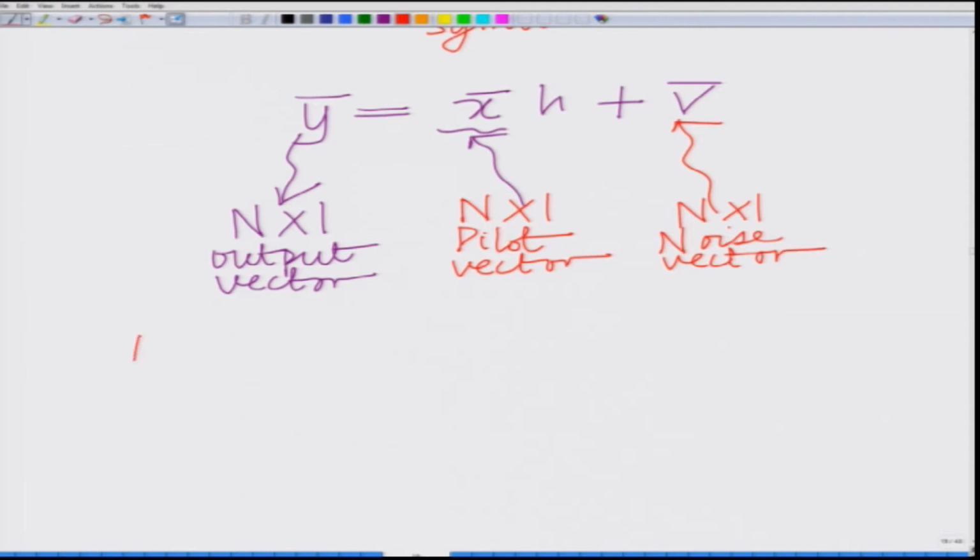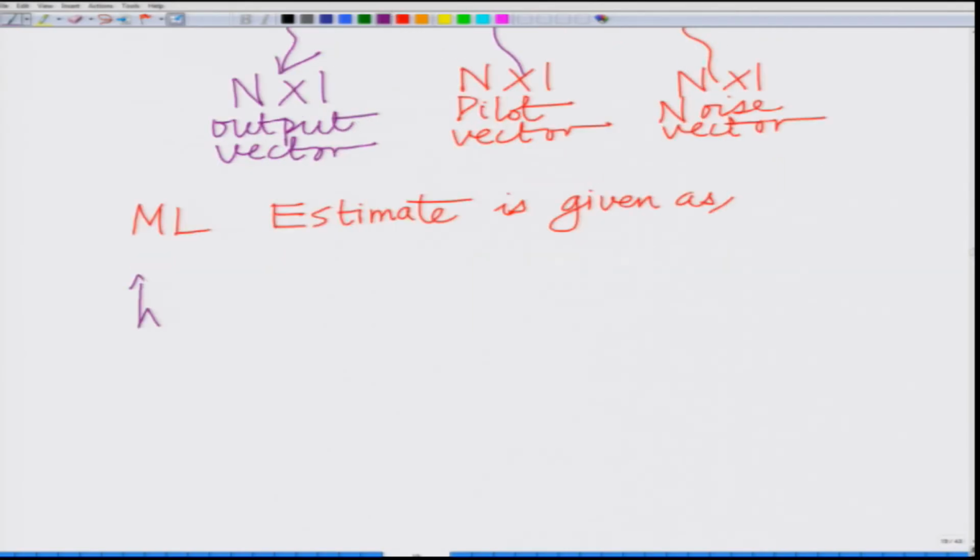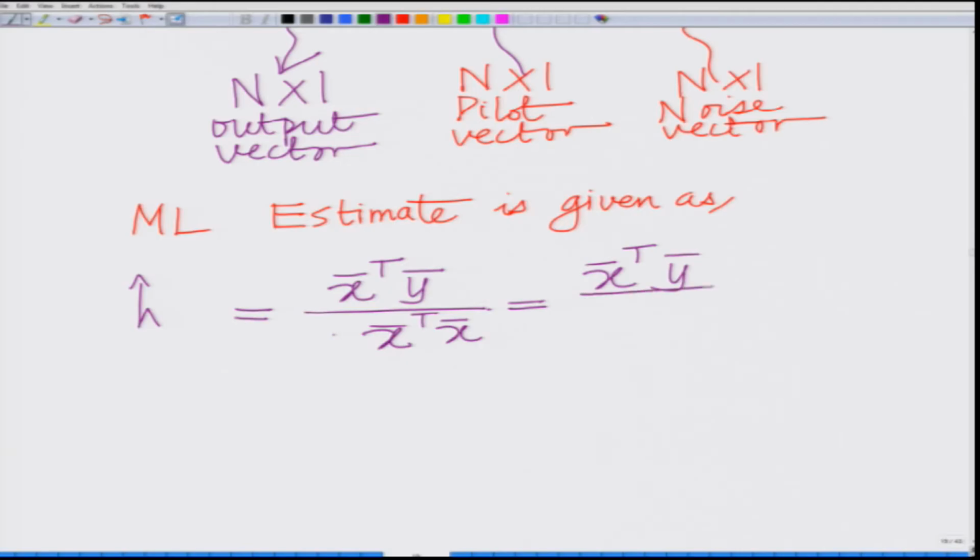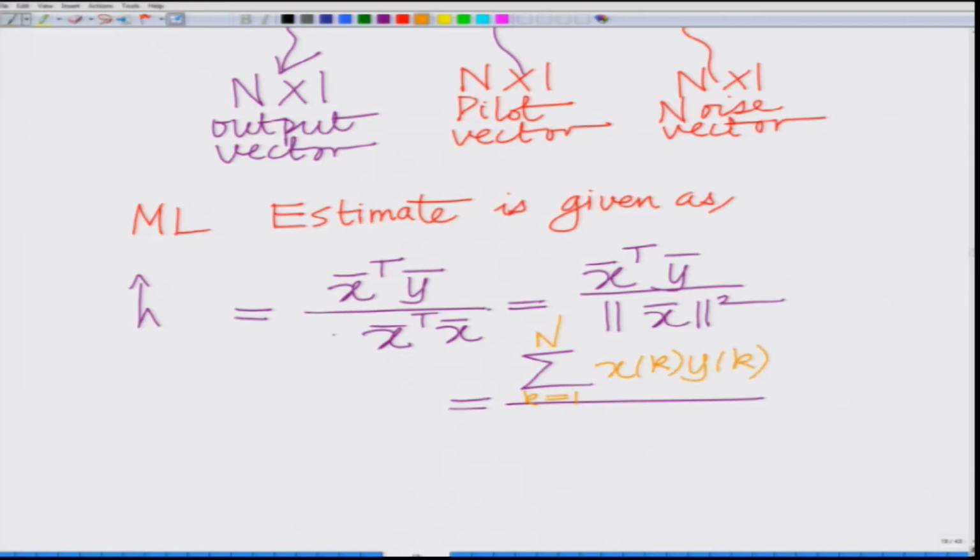The maximum likelihood estimate, which maximizes the likelihood, is h hat equals x bar transpose y bar divided by x bar transpose x bar, equal to x bar transpose y bar divided by norm x bar square, which I can write in the form of a summation, k equals 1 to n x k y of k, divided by summation k equal to 1 to n x square k.